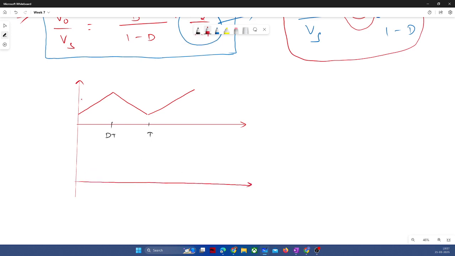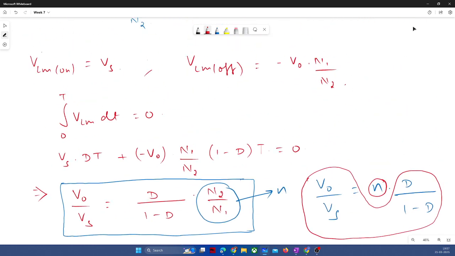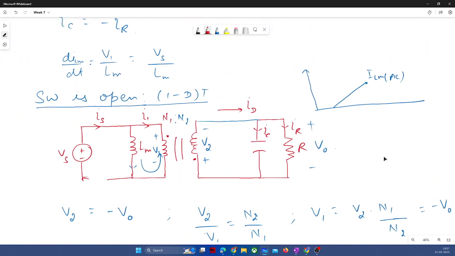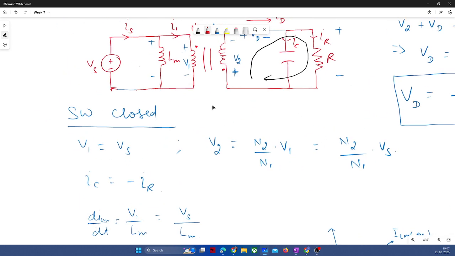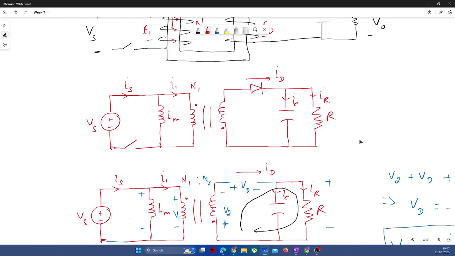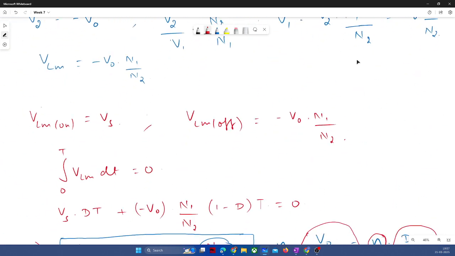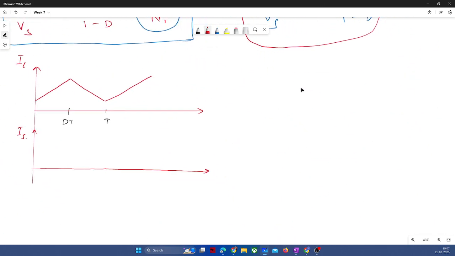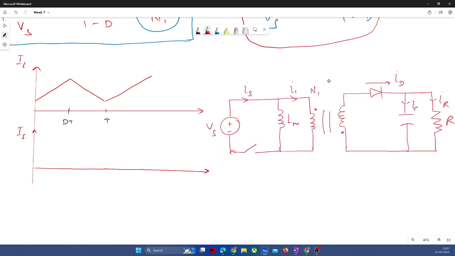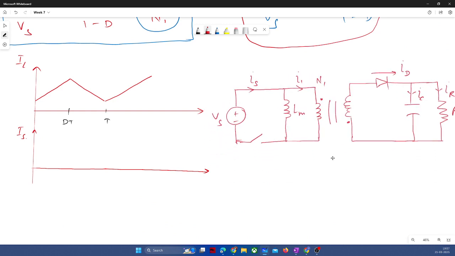Now we want to compute the source current for this converter, so let me bring back the converter. When our switch was closed, IS is equal to ILM plus I1.